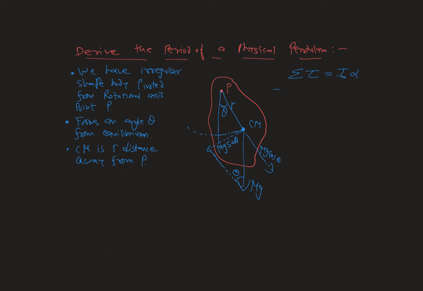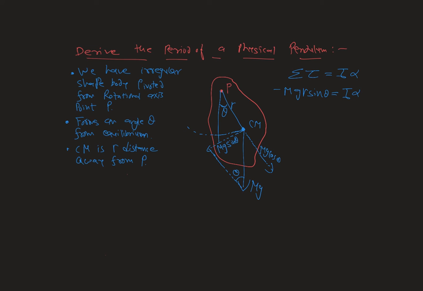The force is mg sine theta times r, so mg sine theta times r is the torque responsible for it going back and forth. The negative sign shows that the restoring torque is clockwise and the displacement is counterclockwise. You remember F equals negative kx? This is a similar situation: the negative sign shows that the restoring force is in the opposite direction of the displacement. Same thing is happening here too.